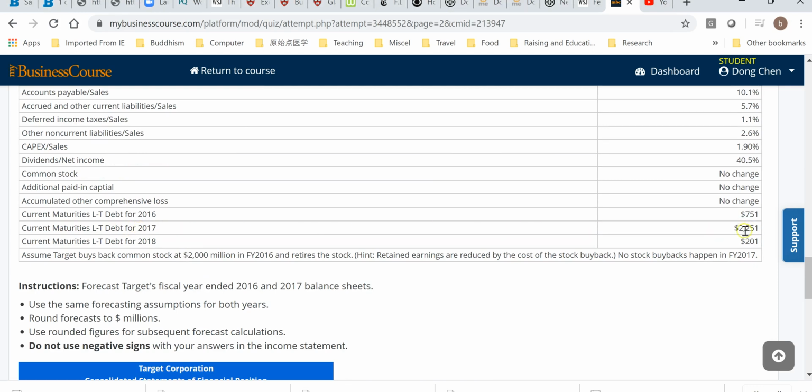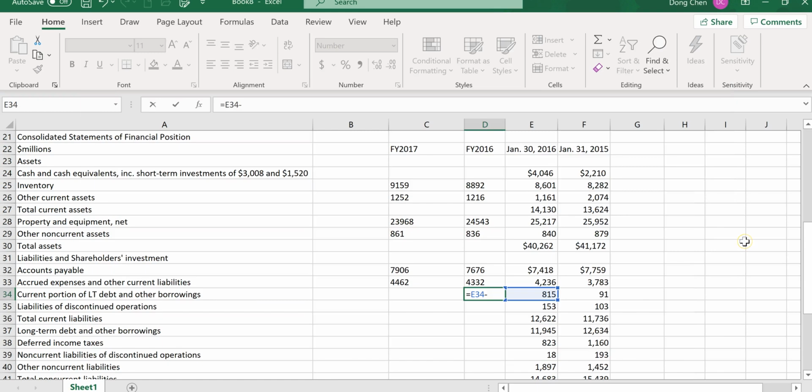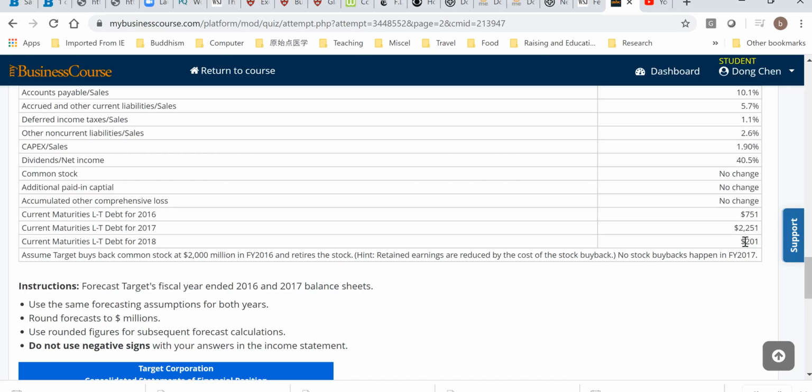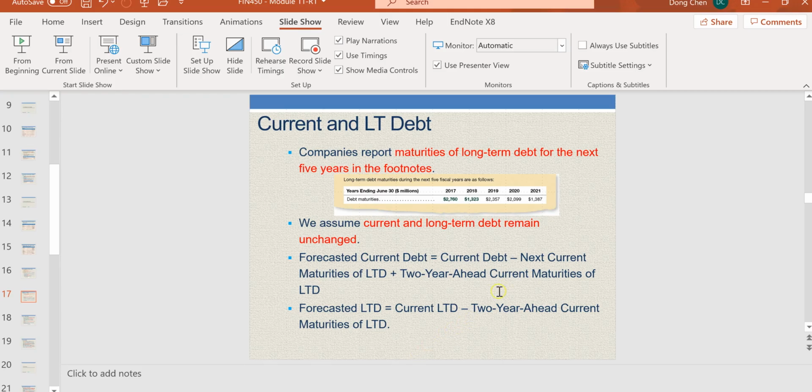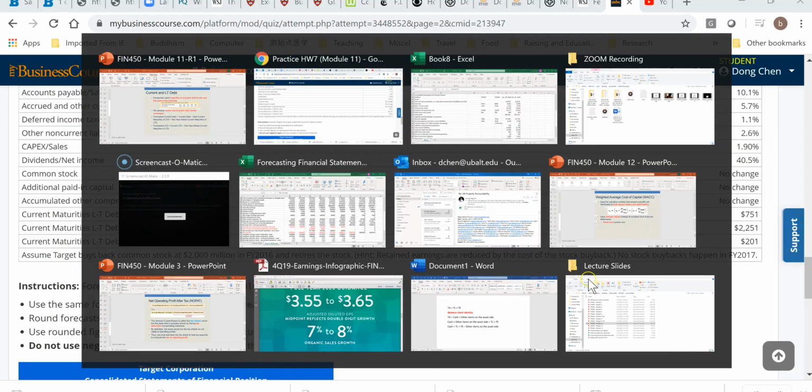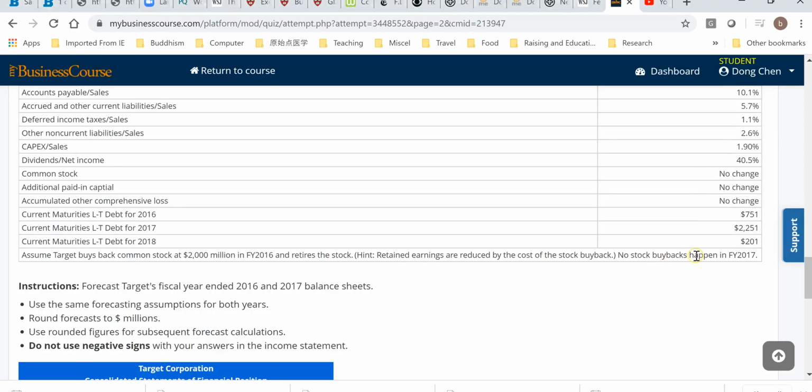So 2,251. And then we need to add back the 2 year ahead current maturities of long-term debt.